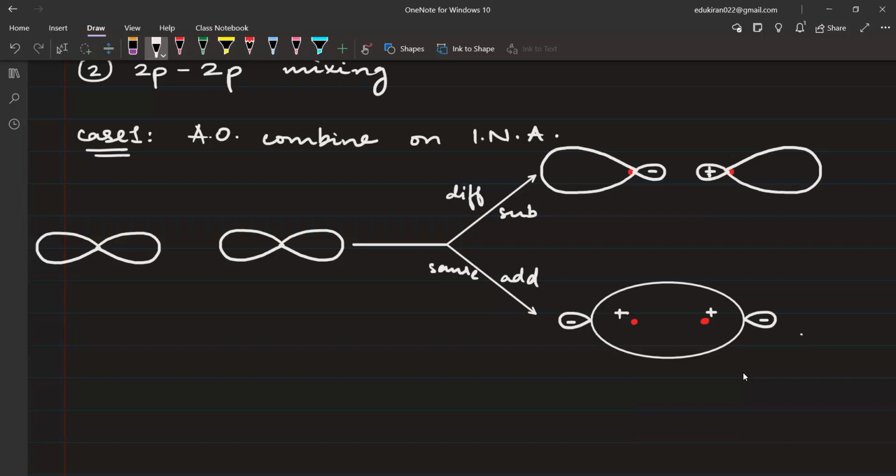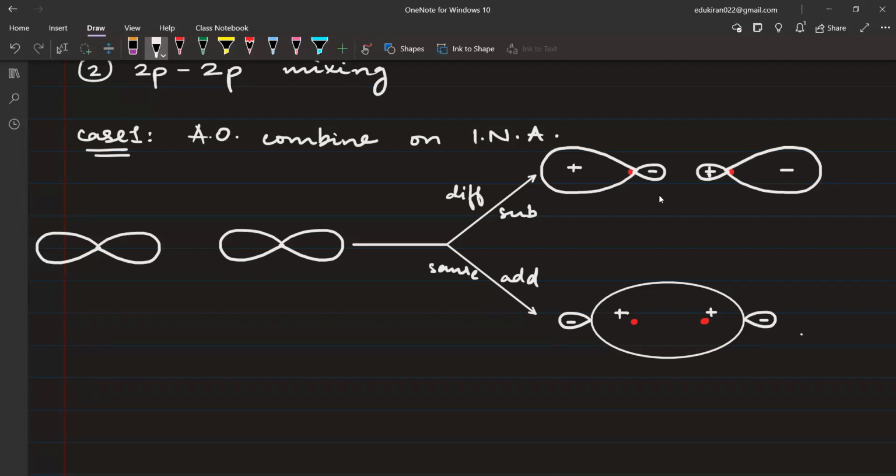So both the phases were different, so they cancelled out, है ना? And I am showing small lobes to represent that they have cancelled out. So essentially there is no electron, but I am showing negative and positive to just show what was there and what has cancelled out.